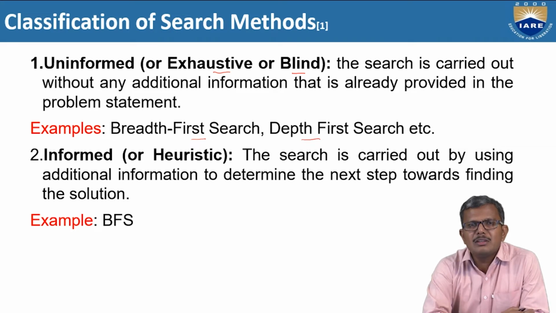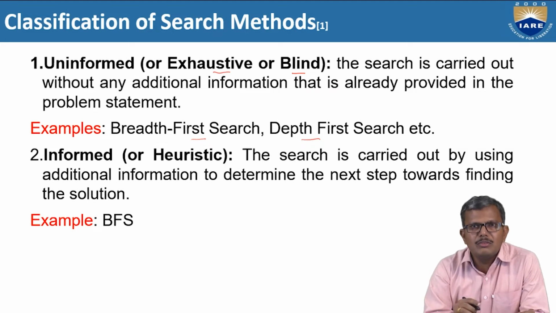And sometimes even if you get the goal state, you cannot guarantee that you will reach it within a shorter period of time. So there is no guarantee of getting the solution. That is one problem. And the other problem is that the time complexity is also very high.